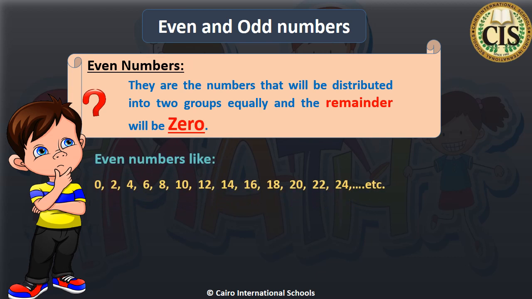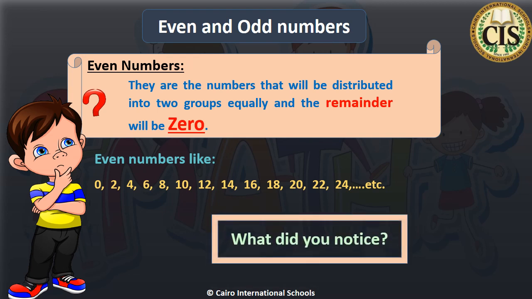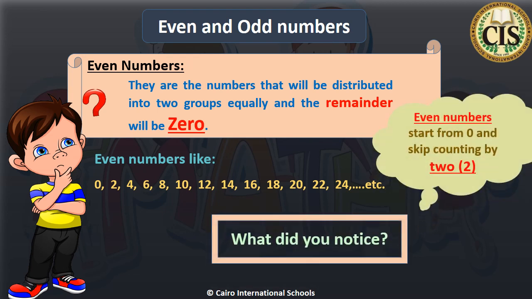So, even numbers are like 0, 2, 4, 6, 8, 10, 12, 14, and so on. What did you notice here? We noticed that even numbers start from 0 and keep counting by 2.